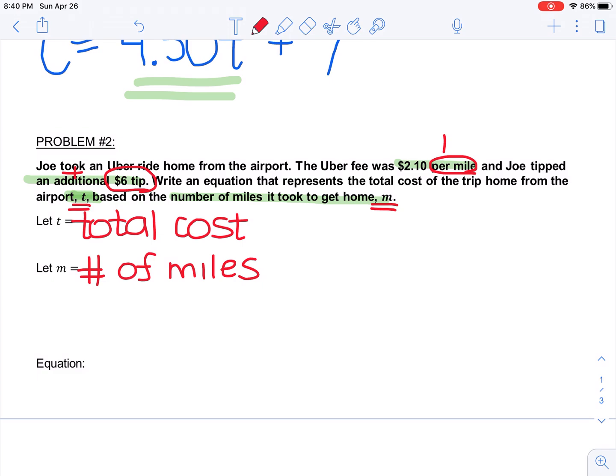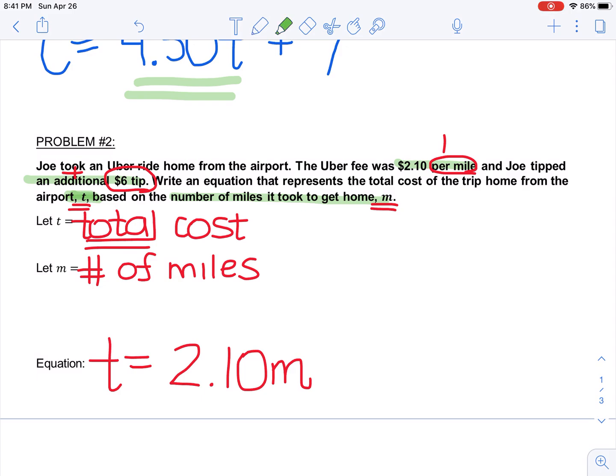So I'm going to start with the variable T. There's my keyword, total cost. I'm always going to start with that. T equals, so his total cost is equal to the $2.10. Okay? That's how much each mile costs. Well, we're going to times that by the number of miles, and I'm just going to put an M next to that.